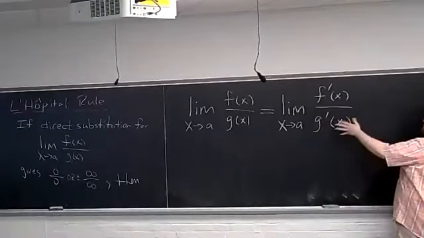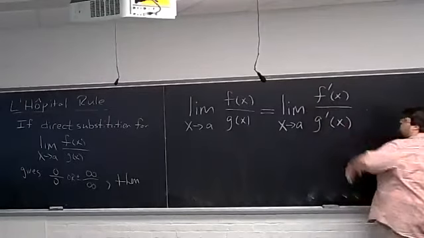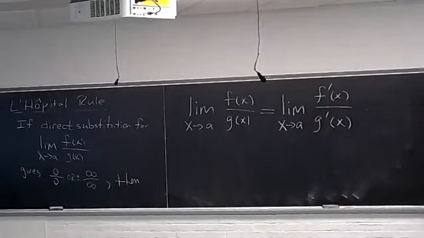Here, L'Hopital's rule does say that all we need to do is take the derivative of the top and divide by the derivative of the bottom. Any questions about the statement? Statement may be a little confusing, so let's look at a few examples.